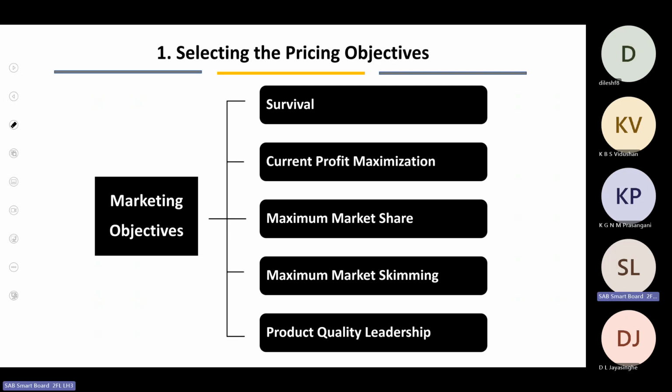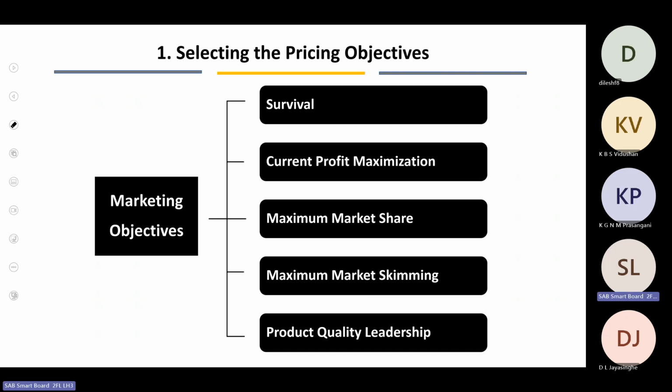When it comes to pricing, the company may have different objectives. One could be just to survive in the market. If we just need to survive in the market, what should we do for our price?